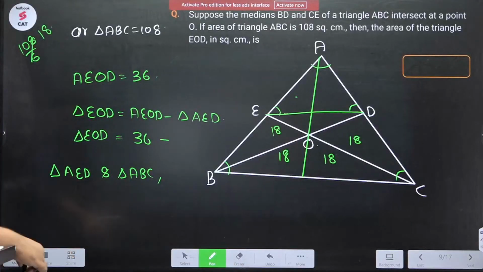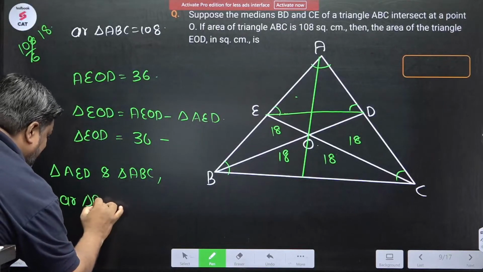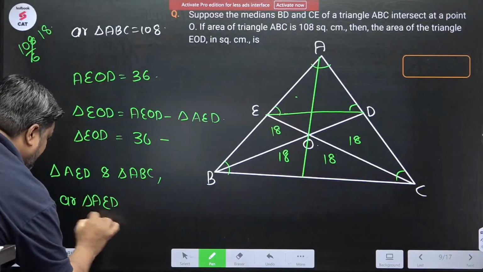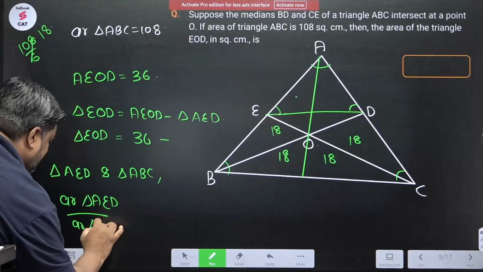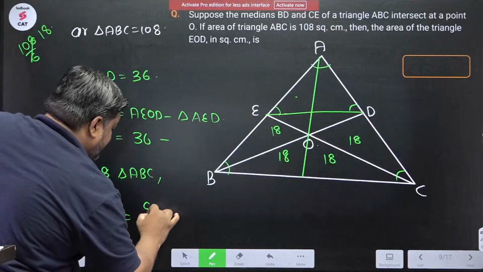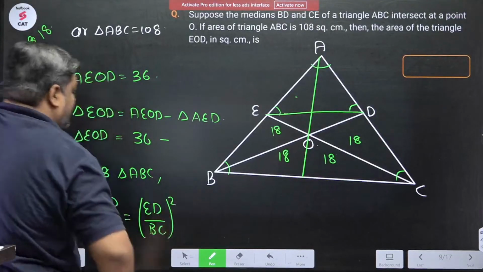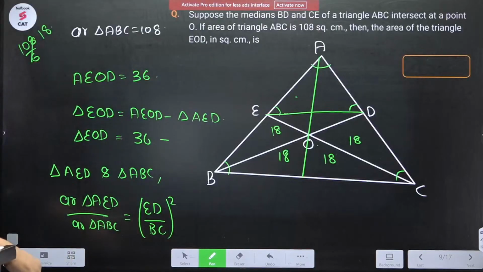So these two triangles are similar, and when they are similar, ratio of sides ka square is ratio of their area. I can write area of triangle AED upon area of triangle ABC is ED upon BC square. हाँ या ना? Sides का square का जो ratio है, that is ratio of their areas.